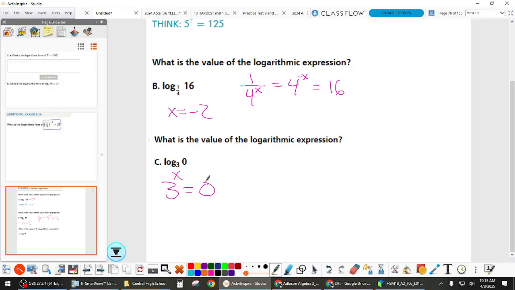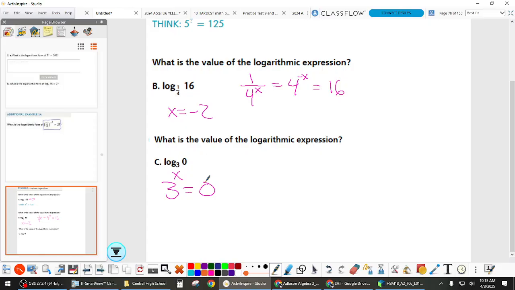What power of 3 will give 0? So 3 to the 0 is 0? 3 to the first is 0? Three to the third is 0?